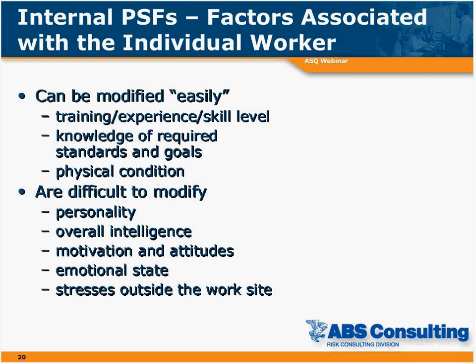We can use on-the-job training to modify their level. There are some internal factors that are very difficult to modify: personality, overall intelligence, and things going on outside the work site, at home. These are much outside the control of management.